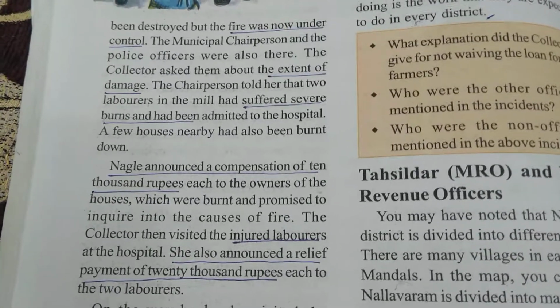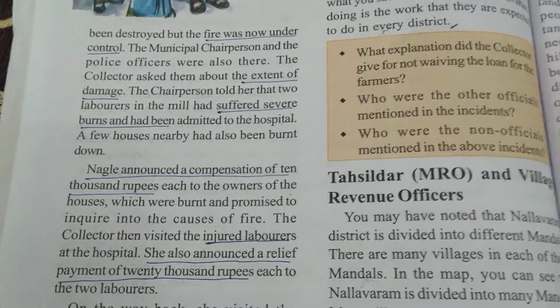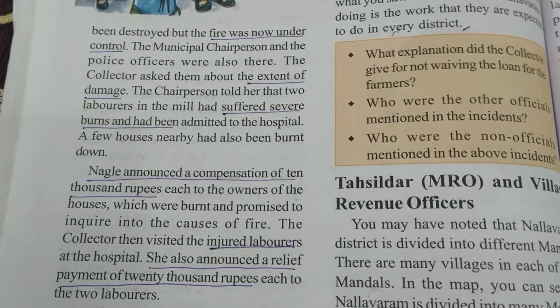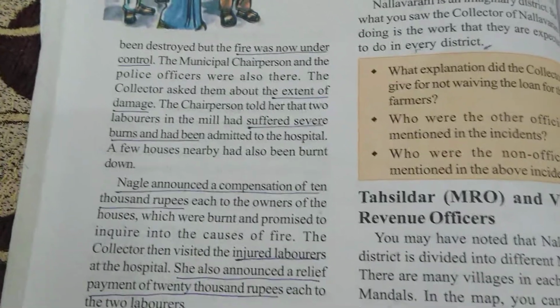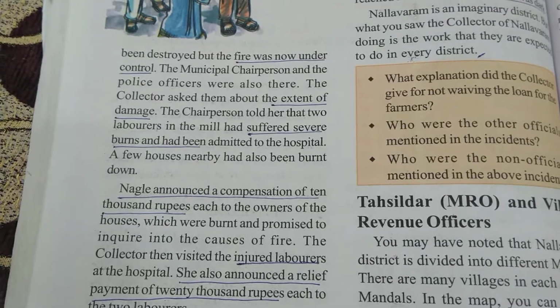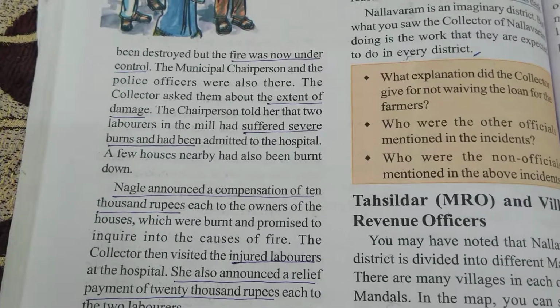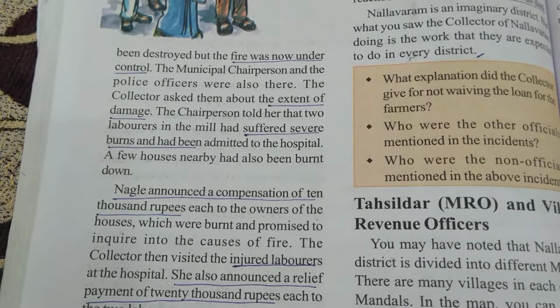It was pointed out that due to encroachment in many parts of the city, the fire engine arrived late. What she observed was that all the roads are very narrow. Why? Because of encroachment in many parts.